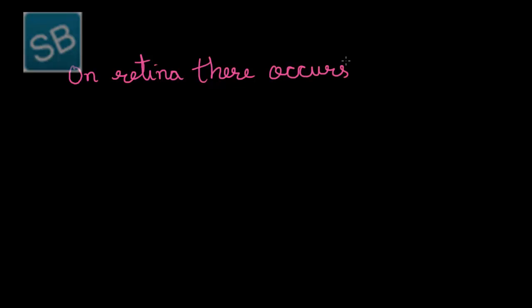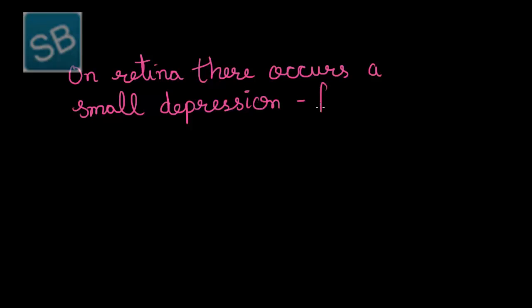On the retina, there occurs a small depression known as the fovea. This fovea mainly comprises only cone cells.